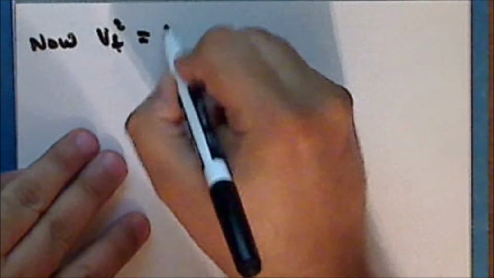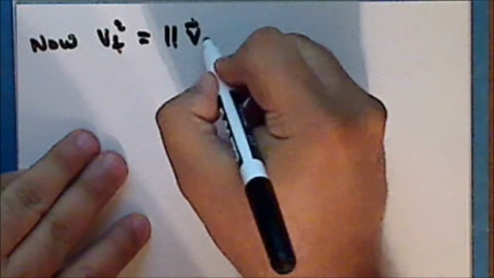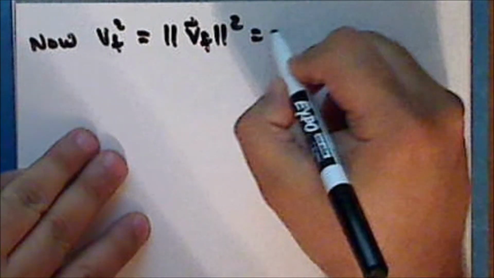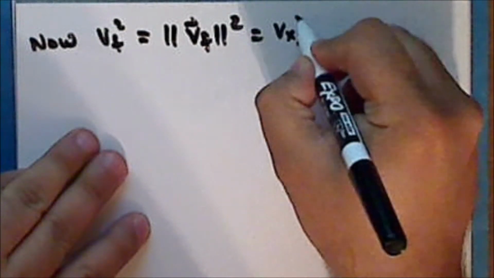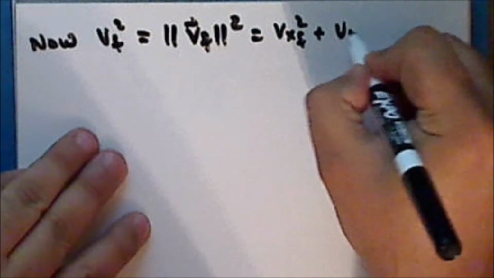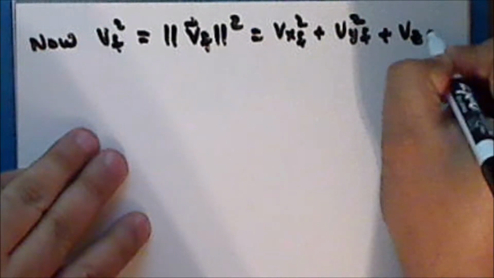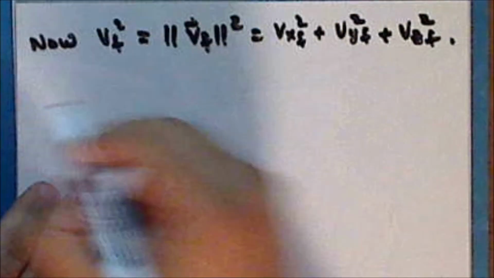Now the square of the final speed is the square of the magnitude of the final velocity, which is v sub x final squared plus v sub y final squared plus v sub z final squared.